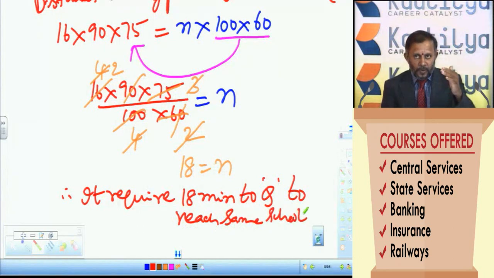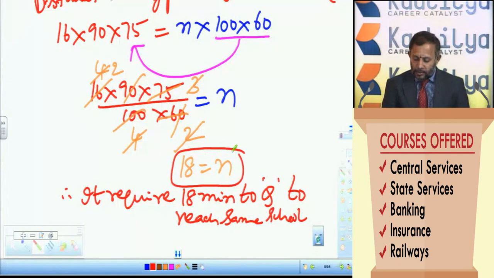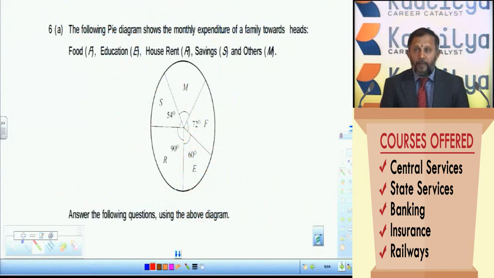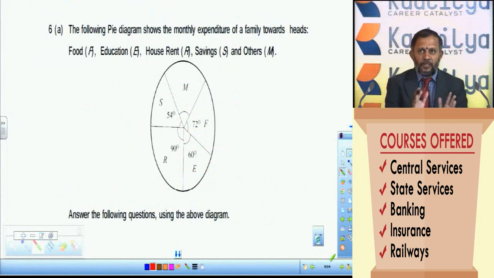We have to explain all the concepts in detail. Here we got n as 18, and once again we have to specify that Q requires 18 minutes to reach the same school. We are not supposed to stop here itself. So there must be some change in the approach. The subject is common for all examinations and all levels, but there must be a difference in the procedure.